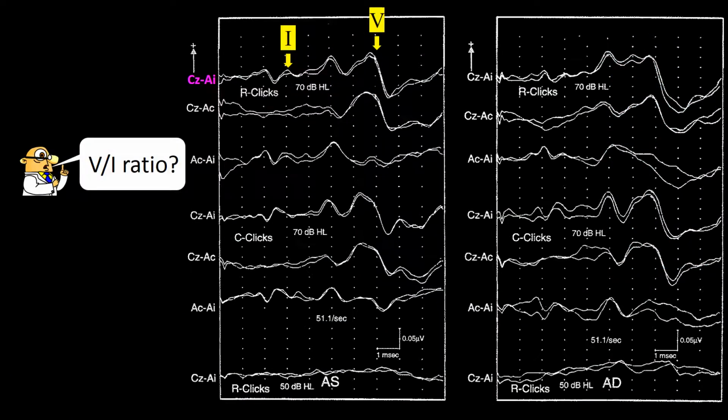But in this case, the amplitude of wave 5 is significantly higher than the amplitude of wave 1, the ratio being 2.7, which is normal.